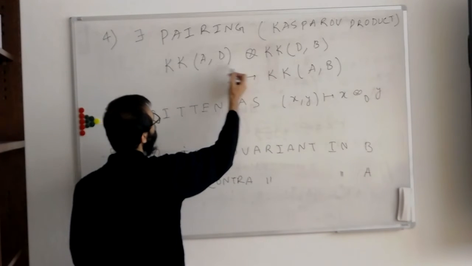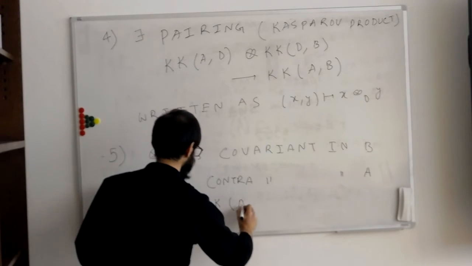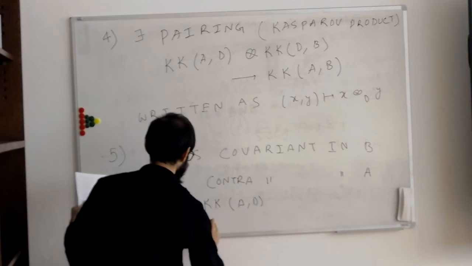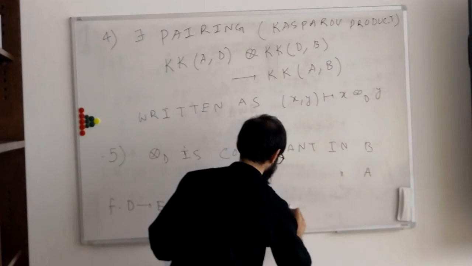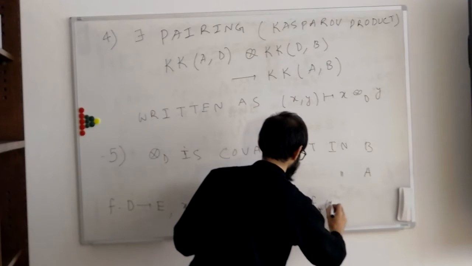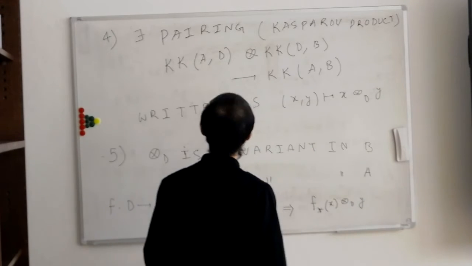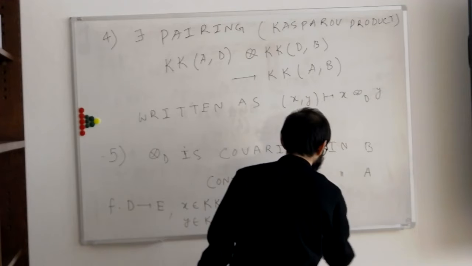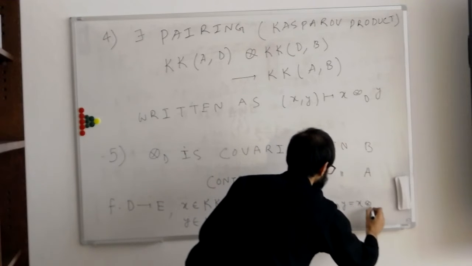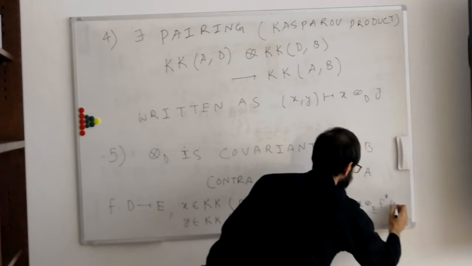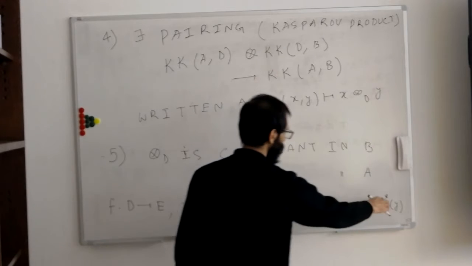If you change this via F and land inside, X in KK(A,B), Y in KK(E,B), this implies... oops, I don't think this should be... X tensor over E, F upper star Y. So the lower star means push forward and upper star means pull back.